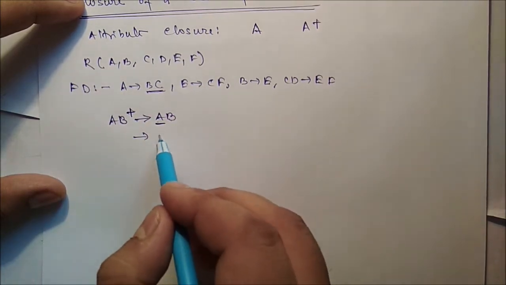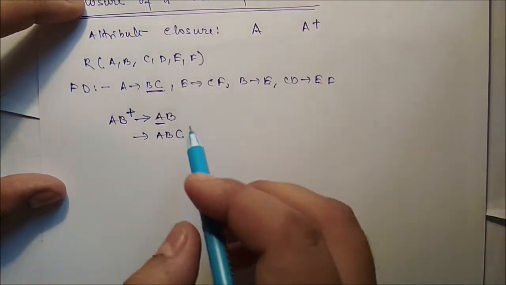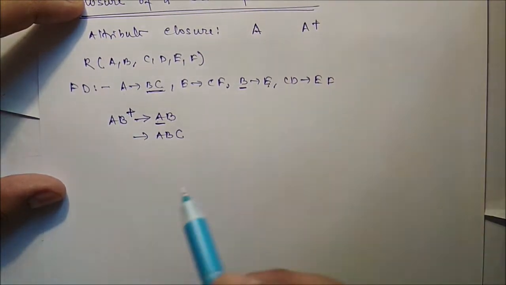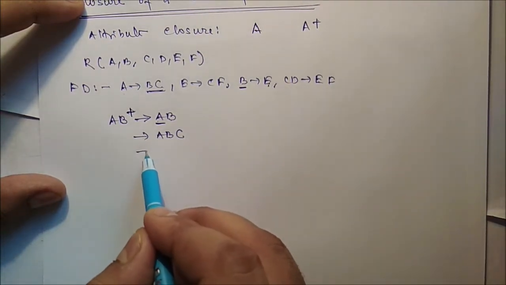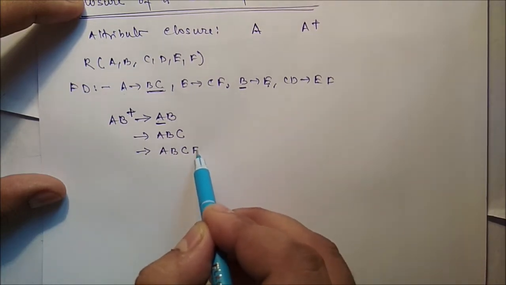B is already there, so we get ABC. Now from B we can identify E, so we get A, B, C and E.